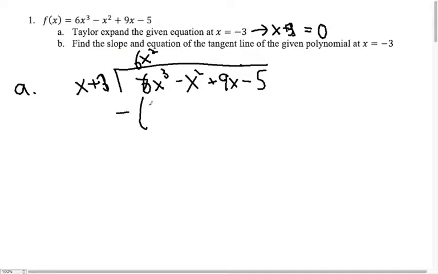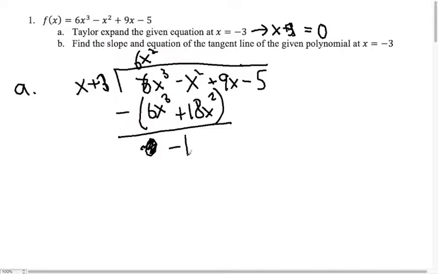So you would write minus the value 6x cubed plus 18x squared, which once you distribute the negative gives us 0, which you disregard, and minus 19x squared.